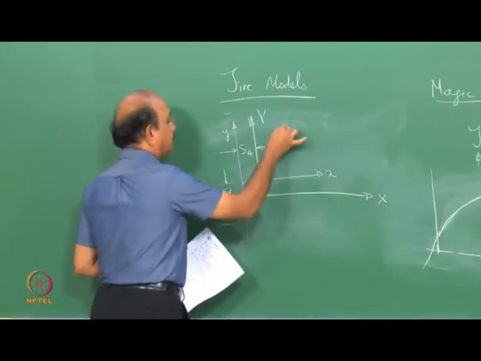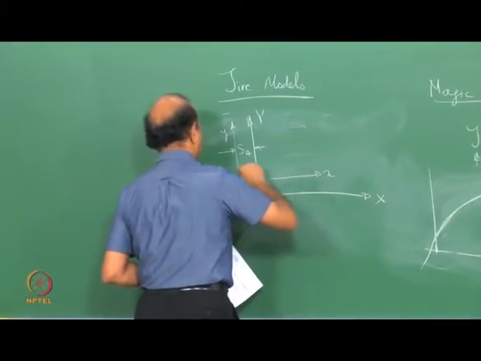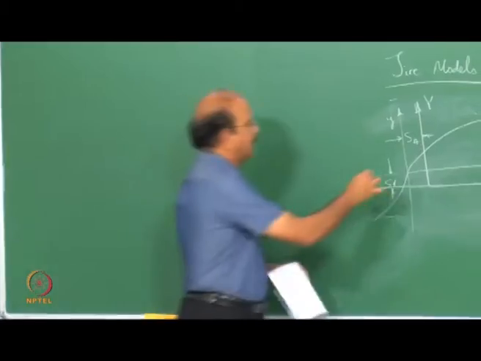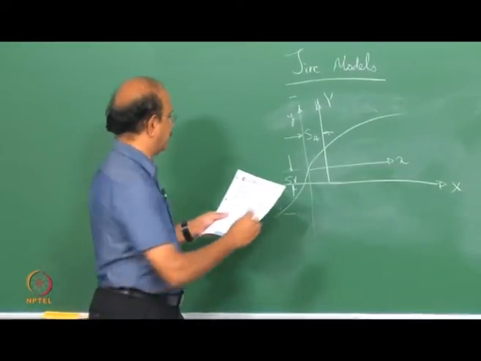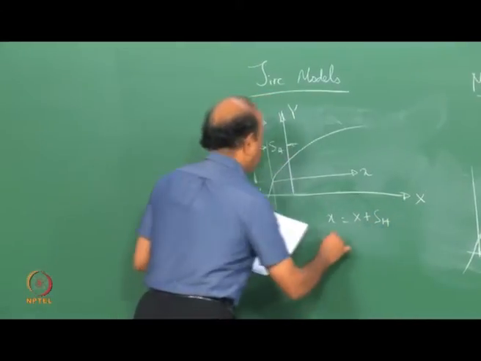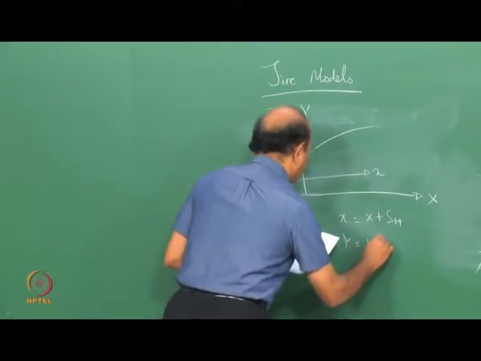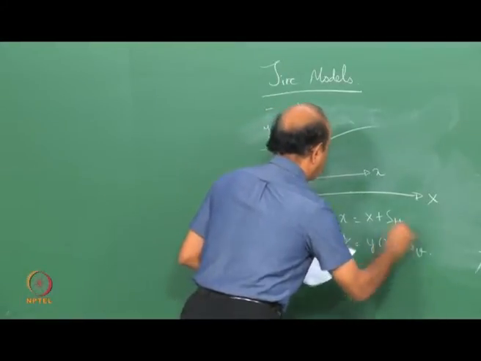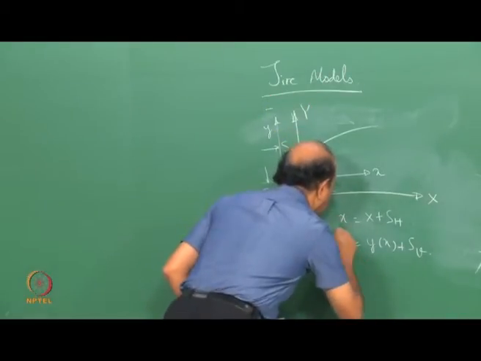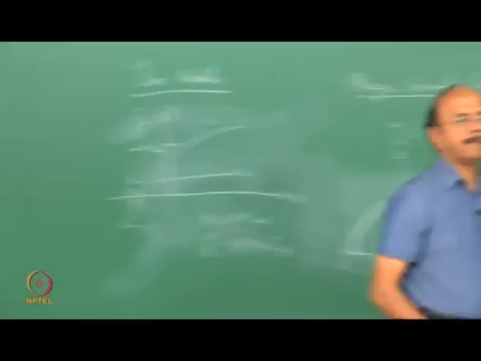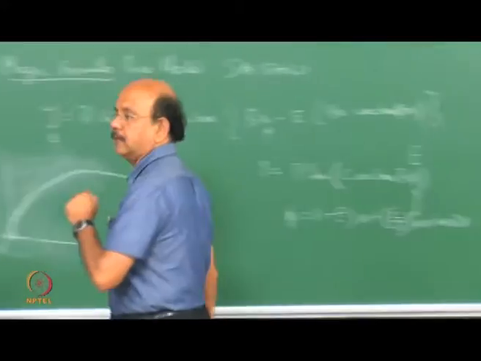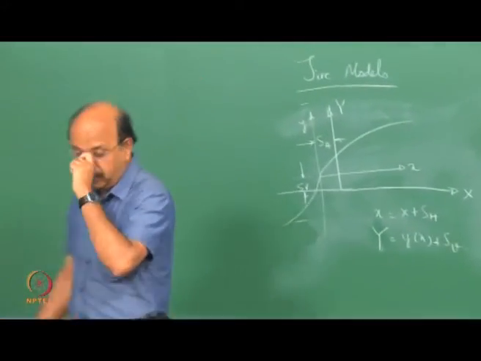This equation is actually that curve, and the whole curve as well as the x-axis I am shifting, so that I would write X to be x plus SH and Y to be y of x plus SV. So I have introduced two factors.